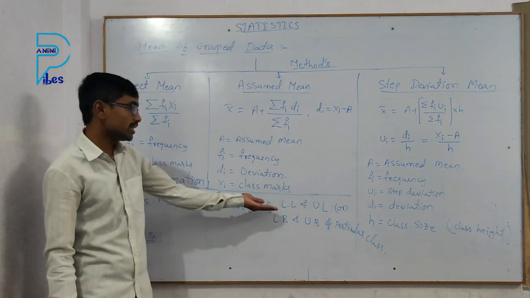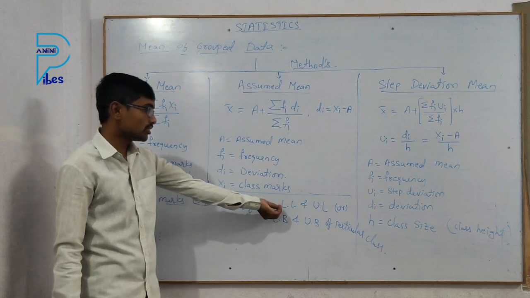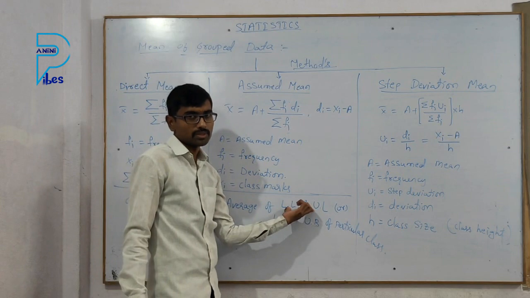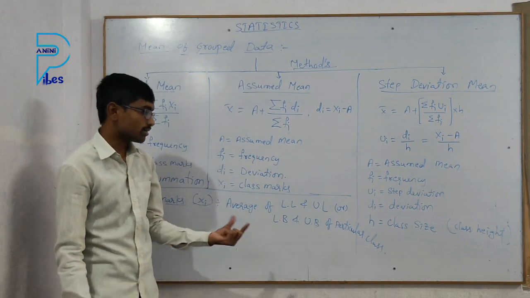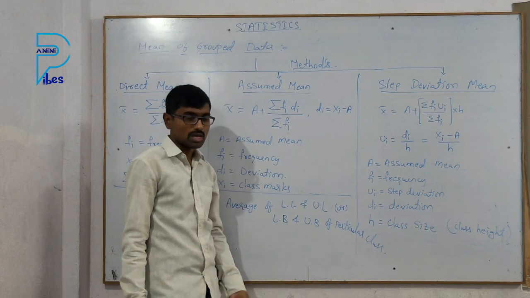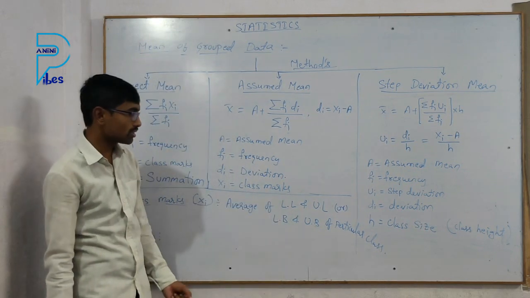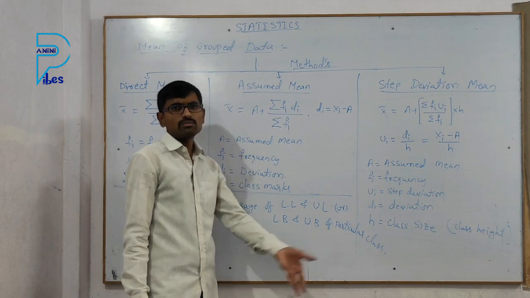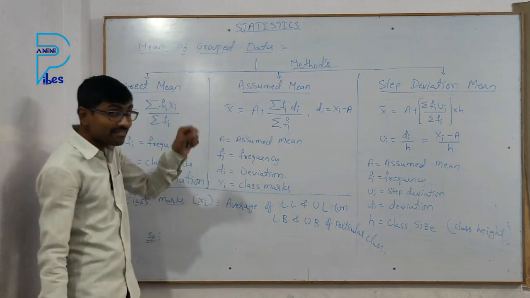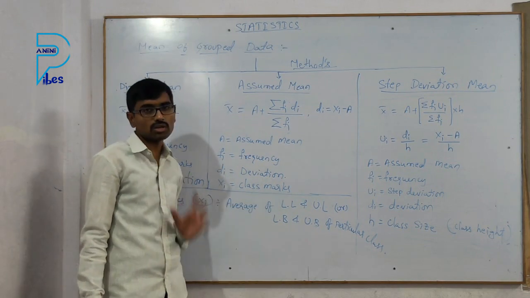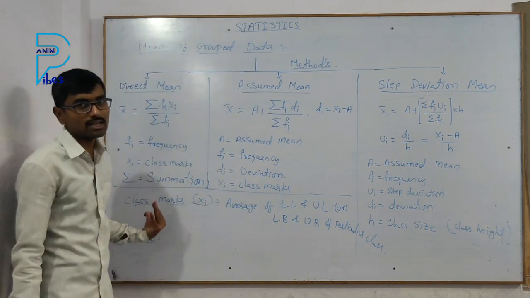Whenever limits are given, we find the average of lower limit and upper limit. If boundaries are given, we find the average of lower boundary and upper boundary. In a general way, we can say that the average of the minimum value and maximum value of a particular class interval is called the class mark.